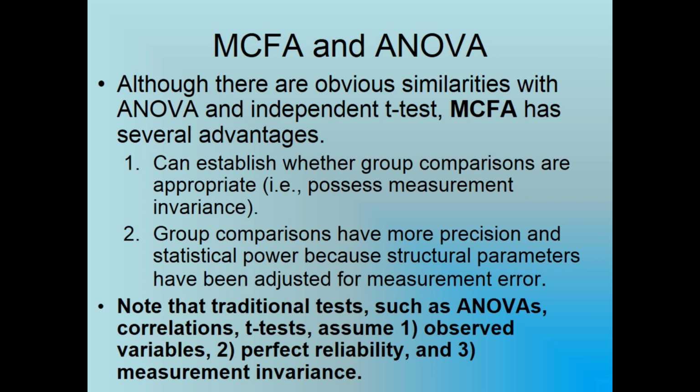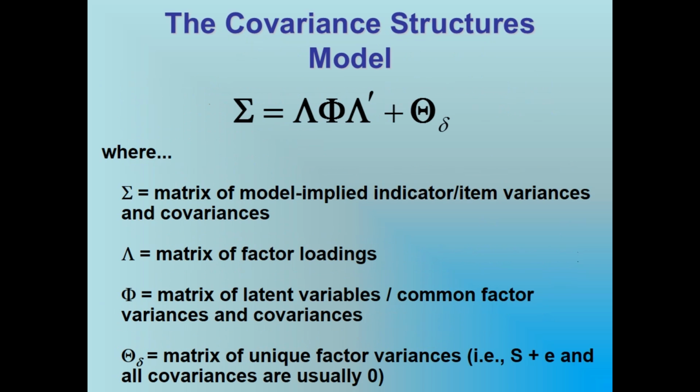Here's your typical model that you would see when using structural equation modeling. What you're really testing is whether that covariance matrix is equal across both groups. Now we can test every single thing about that covariance matrix: the factor loadings, the intercepts, the means, the variances, error variances, everything.